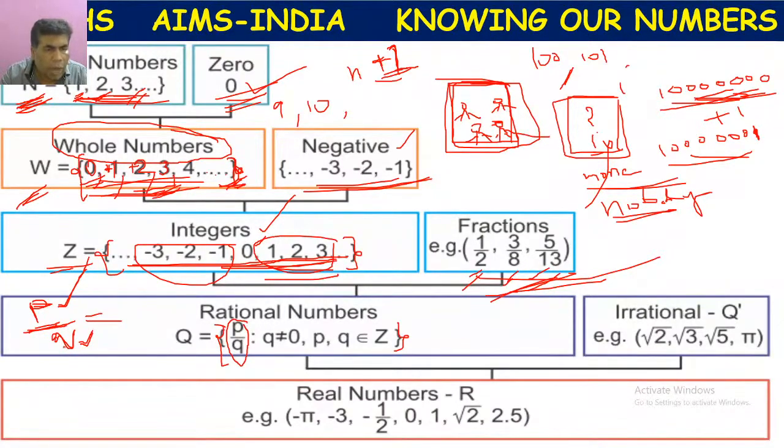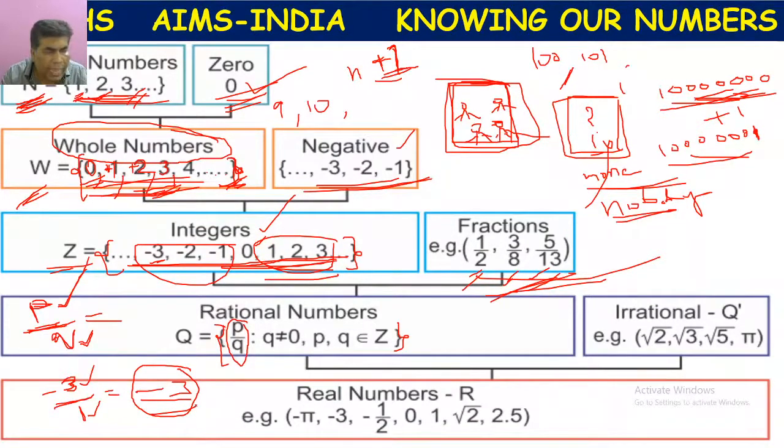Numerator by denominator. Suppose we have -3, we can write it as -3/1, which is equal to -3 only. Why? Any number divided by 1 is equal to the same number.